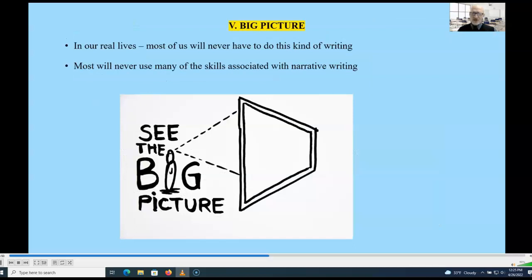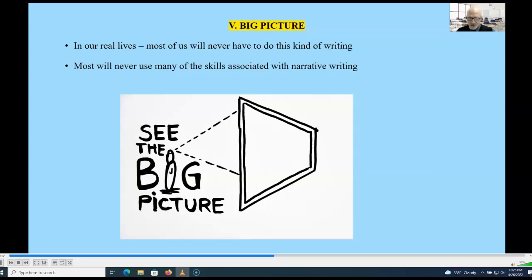So why? What's the big picture here? In our real lives, most will never have a need for narrative writing outside an educational setting. Unless we're famous people, novelists, obituary writers, or screenwriters, most of us will never have a need to use most forms of narrative writing in our real world adult lives.